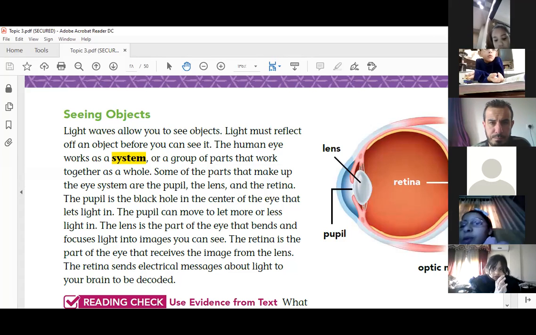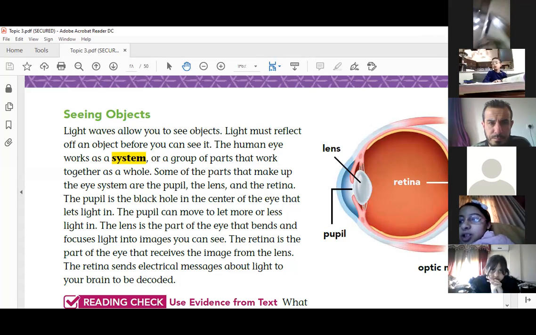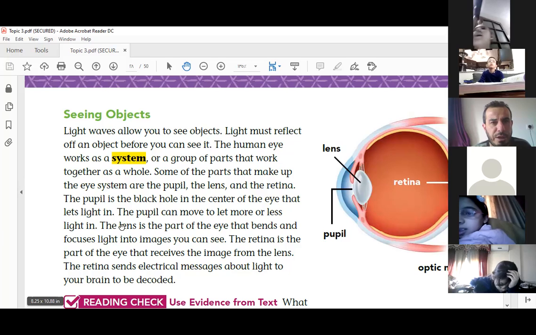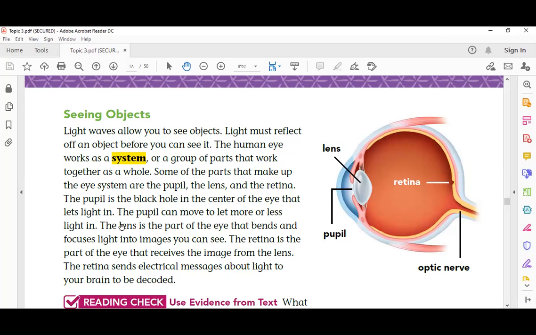How does the retina send the message? Look, the retina is the part of the eye that receives the image. The retina receives the image from the lens. There are structures, or cells, inside the retina that change this image into an electrical message.